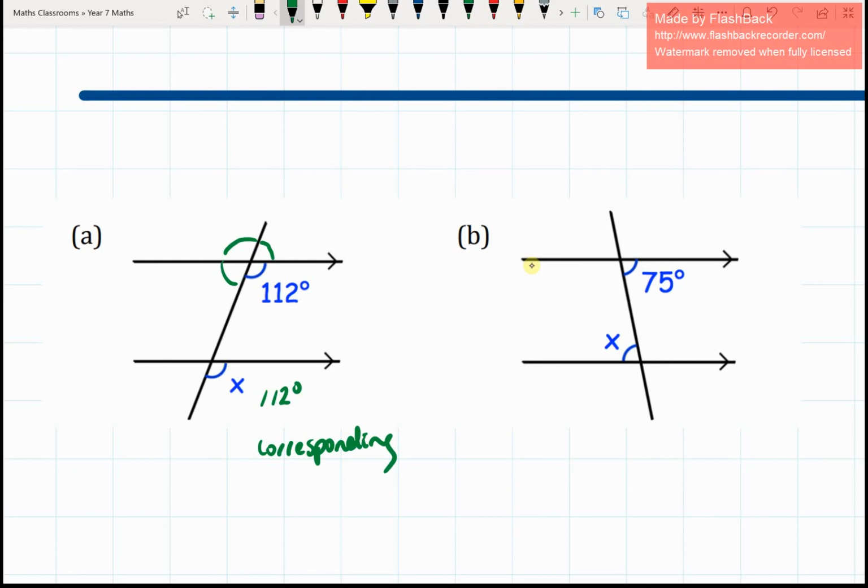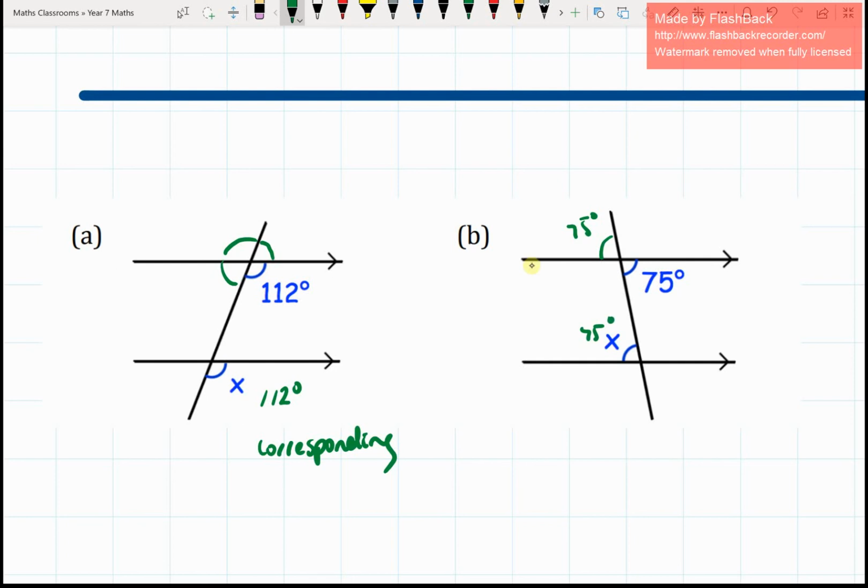Now, remember when we're doing these, what would this angle here be? It would be 75 degrees. Yeah? It'd be 75 because it's vertically opposite. So that means that this angle here will also be 75 degrees. But why?